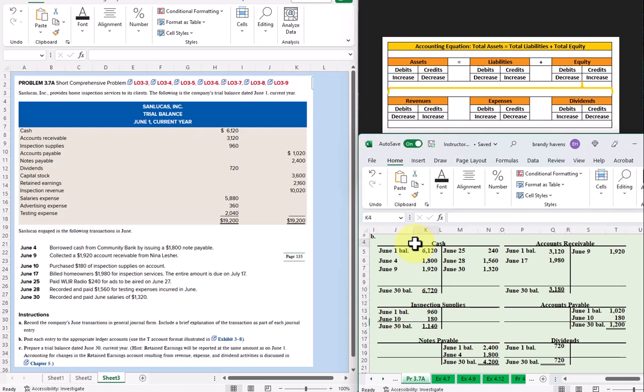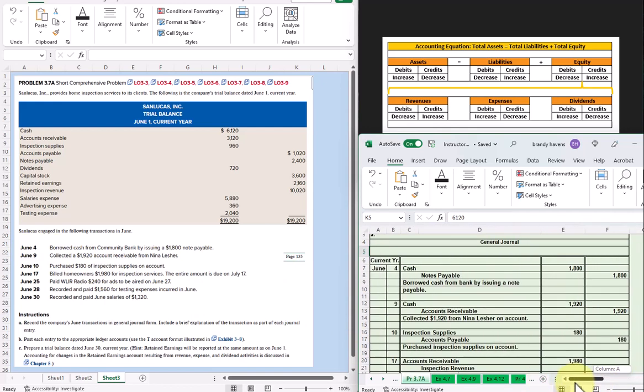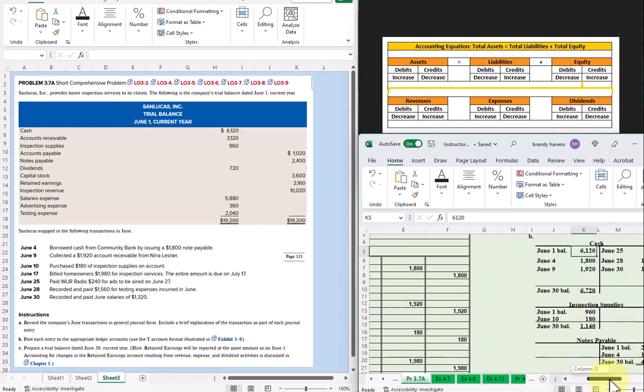So let's just look at one, for example. Let's look at cash. Okay, so cash, we know from the beginning trial balance that we started with a balance of $6,120. So that's our beginning balance. Okay, and we know that on June 4th, we can go back and we debited cash for $1,800.